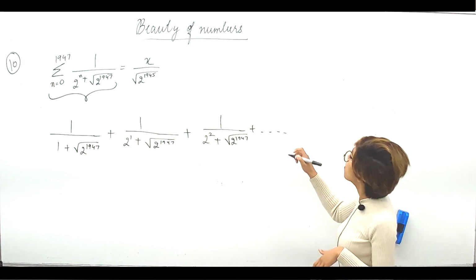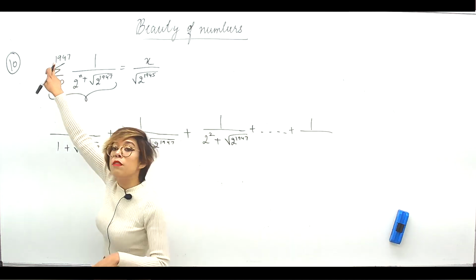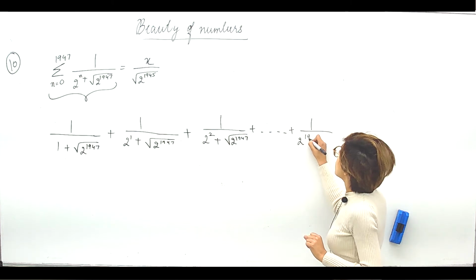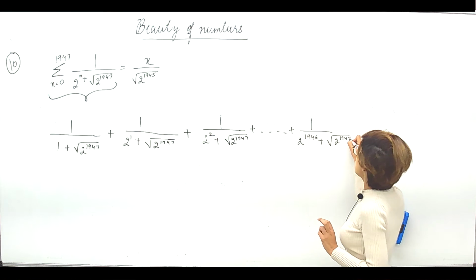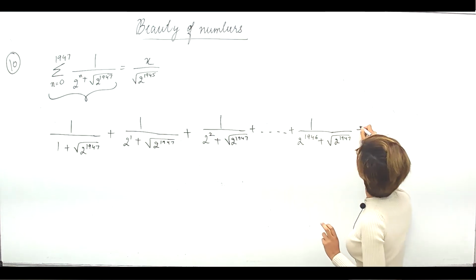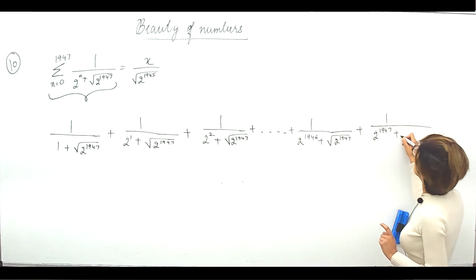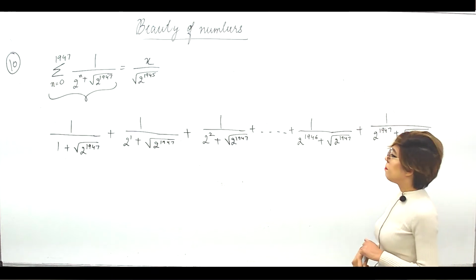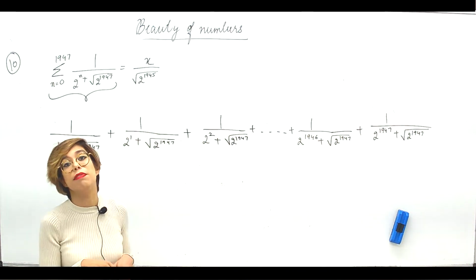In fact, let's write the second last term also. In the second last term, n will be 1946, so this will be 2 raised to 1946 plus square root of 2 raised to 1947. This is the second last term, plus the very last term is 2 raised to 1947 plus square root of 2 raised to 1947. Done. So this is my series and I am interested in the sum of it.